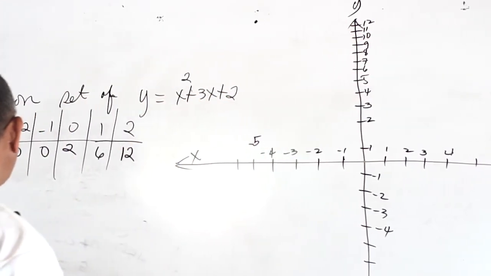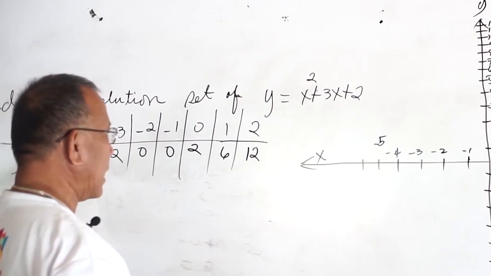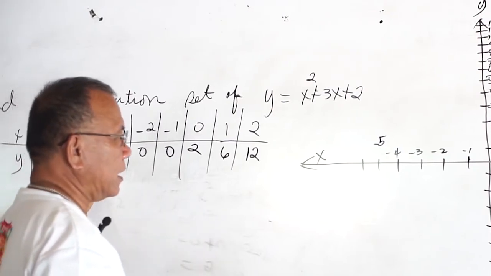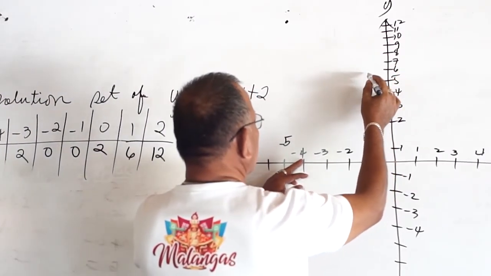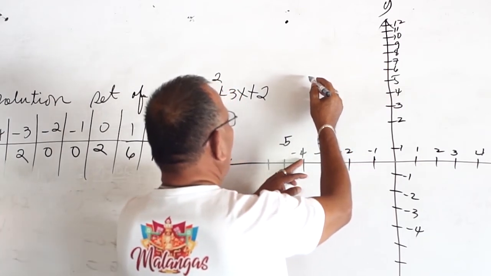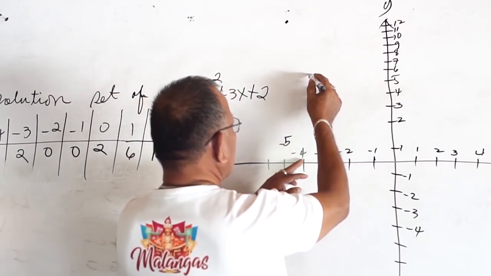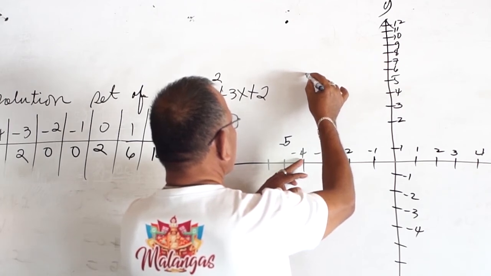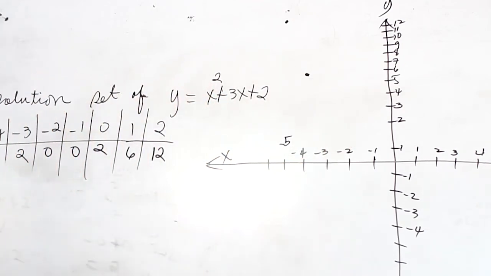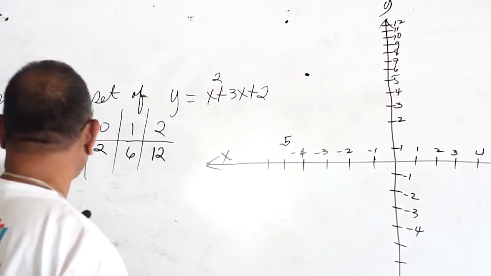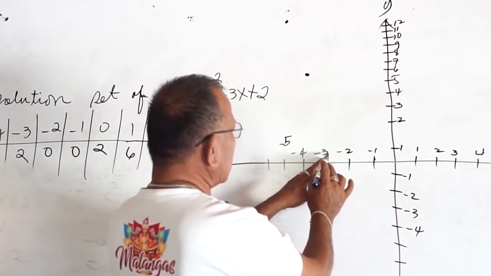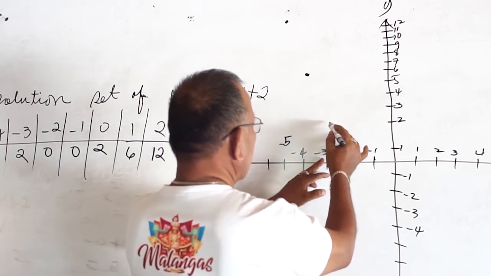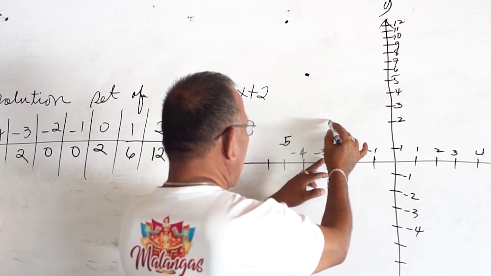The next ordered pair: we have negative 4 on the x-axis, and the y-axis is positive 6. So you have to plot the point, 6 in line with negative 4. The next ordered pair: the x-axis is negative 3, and the y-axis is positive 2.